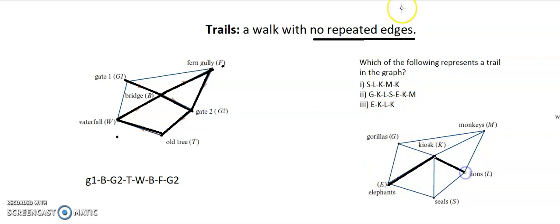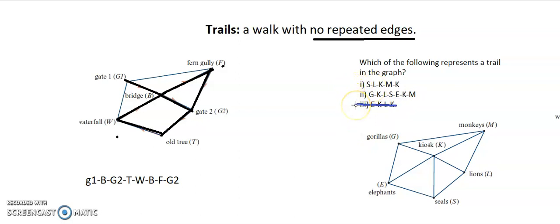It has got a repeated edge, which means it is not a trail. So we can cancel that out.